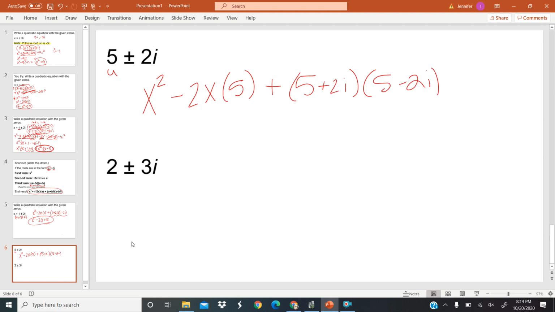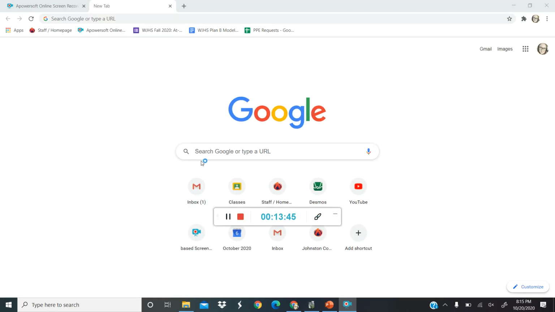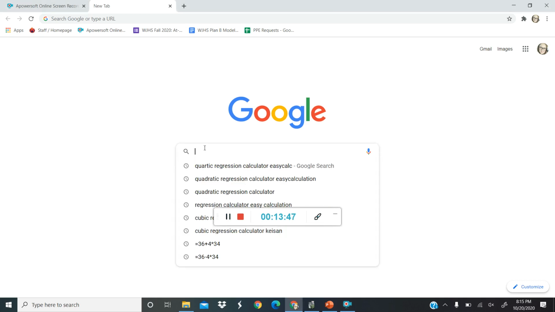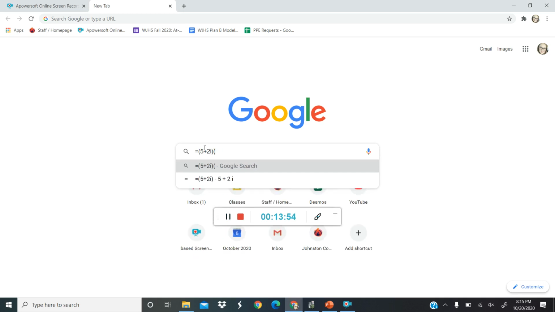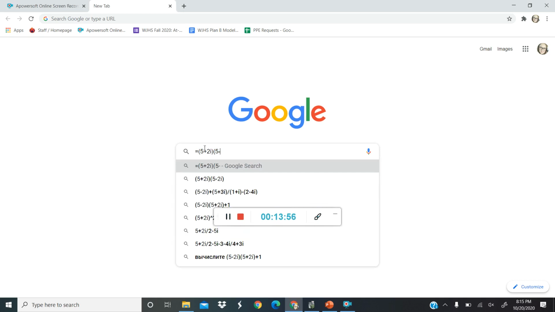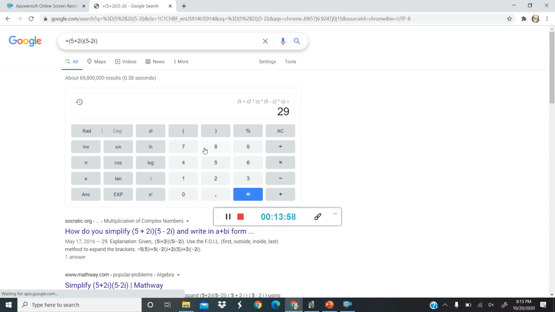Like I said, I'll show you how to type that into Google this time. This is just a regular search, so I would type the equal sign first, and then I would type 5 plus 2i and 5 minus 2i, and just press enter, and it'll give you the answer.